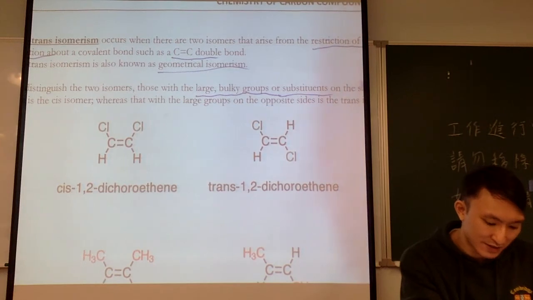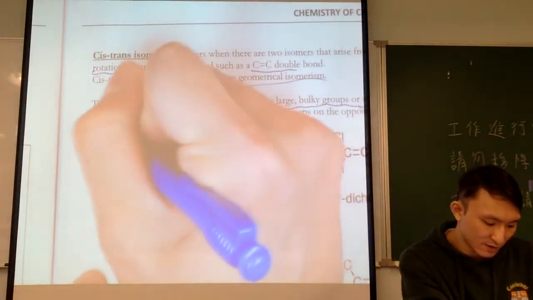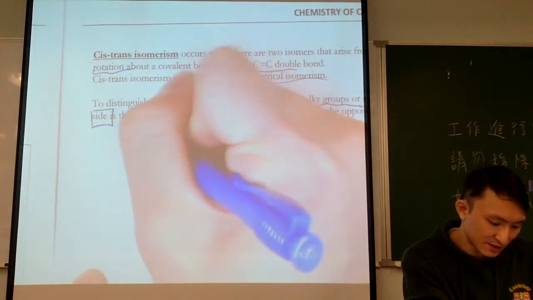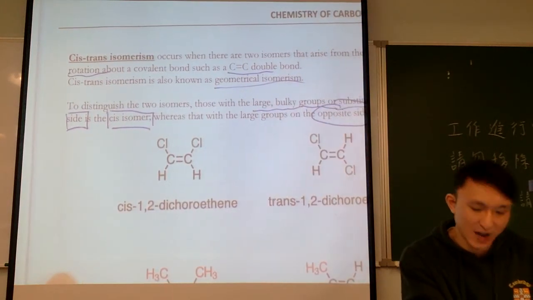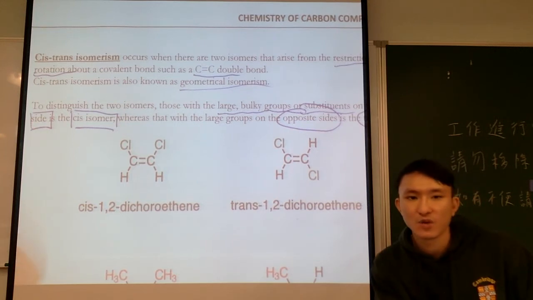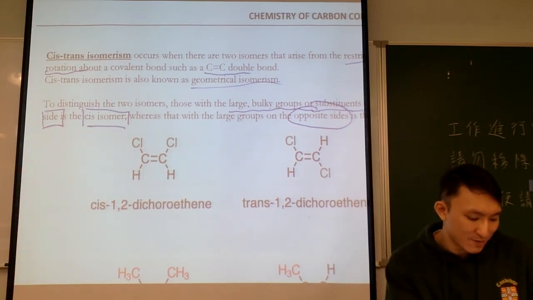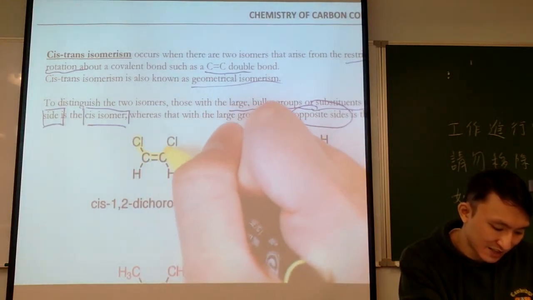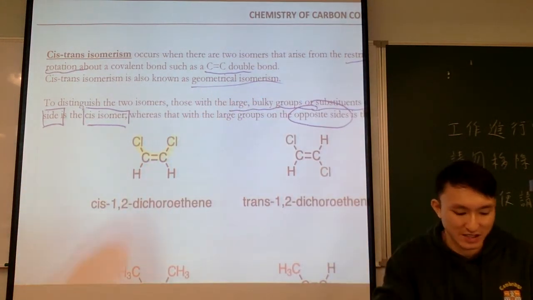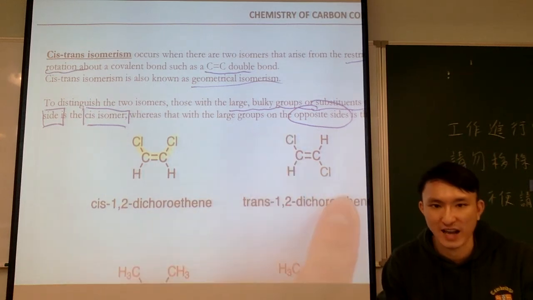Here, same side, then it is cis. If they are on opposite sides, then it is called trans. Usually I think about it this way: on the same side, it looks like a C, right? So cis. This one is trans.